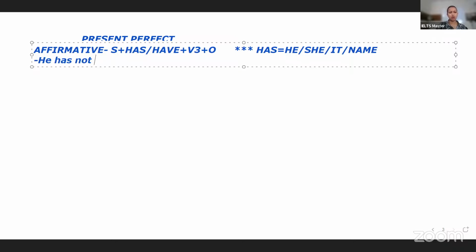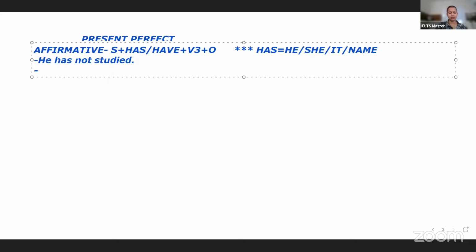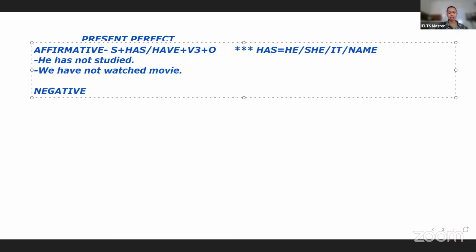he has not studied. He has not studied. And we have not watched movie. In case of negative, the formula is subject plus has or have not plus V3 plus object.